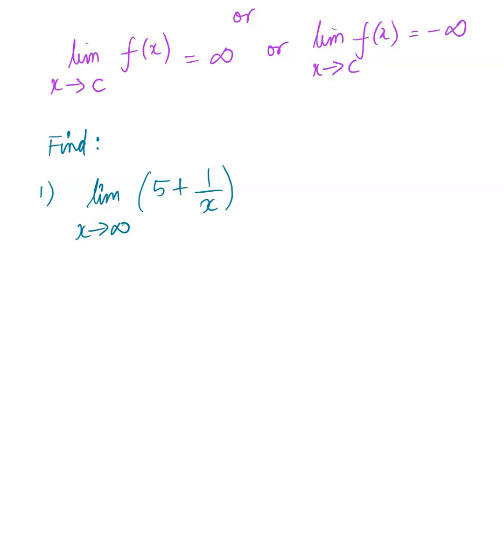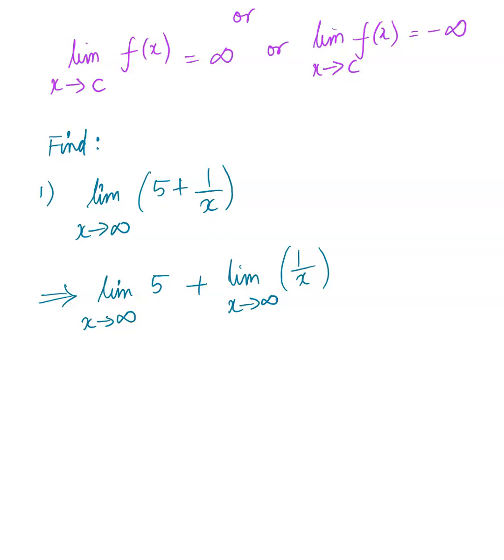Using the sum property, we can separate this as the limit of 5 as x approaches infinity plus the limit of 1 over x as x approaches infinity.